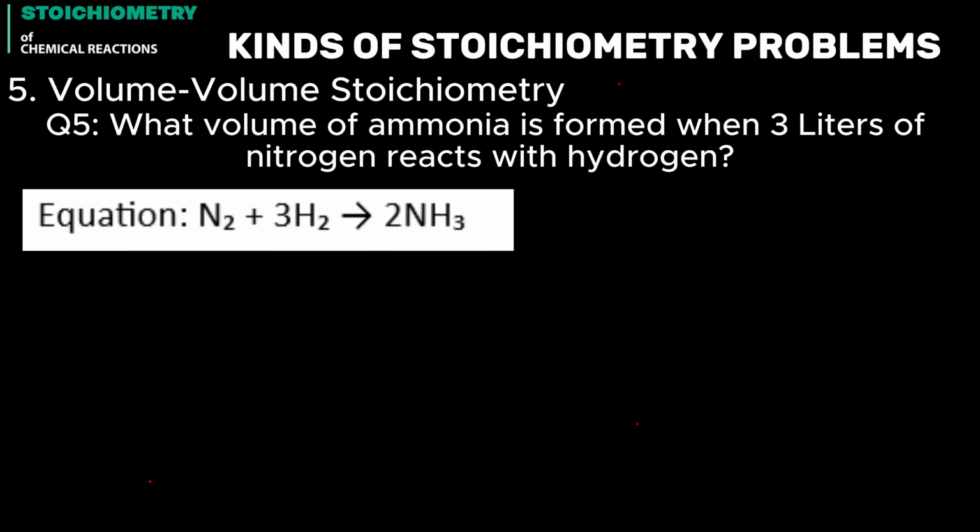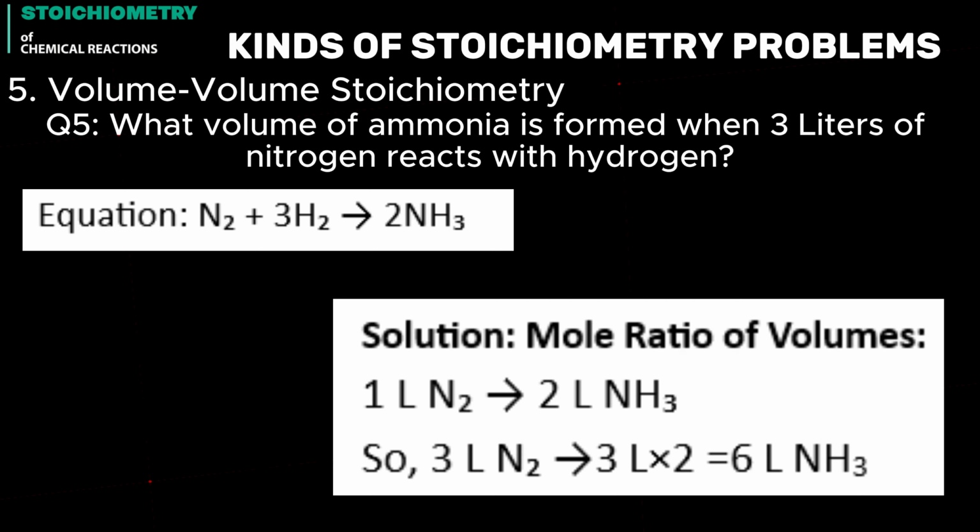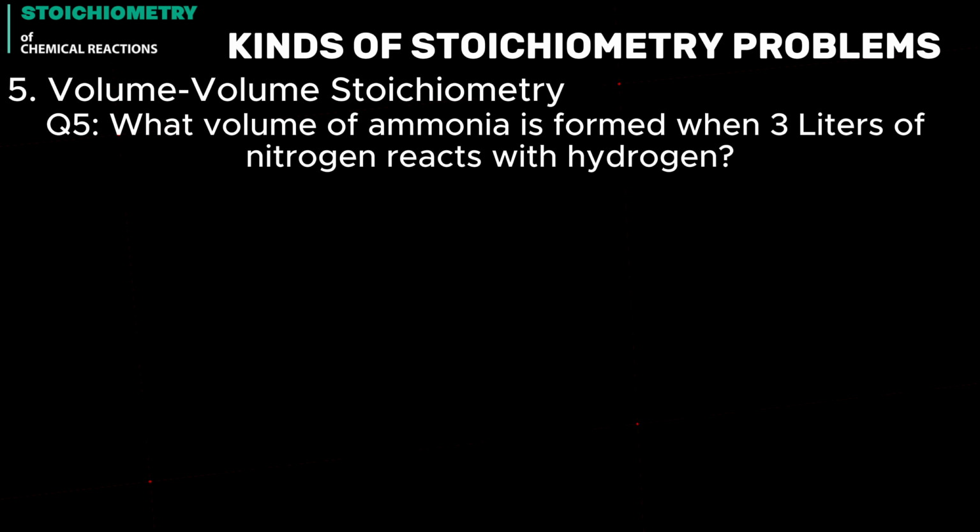See the equation that produces ammonia. 1 mole of nitrogen reacts with 3 moles of hydrogen to give us 2 moles of ammonia. So the mole ratio of the volumes, 1 liter of nitrogen gives 2 liters of ammonia. So simply 3 liters of nitrogen will give us 6 liters of ammonia. That's 3 times 2. You have 6 liters of ammonia.